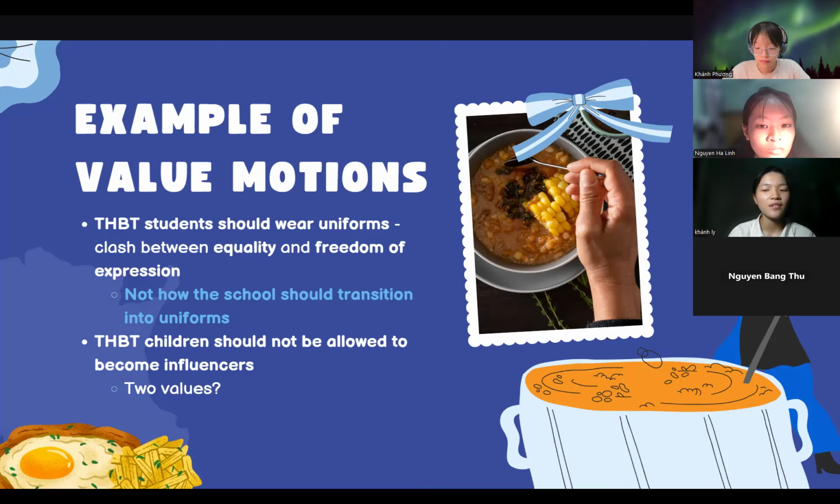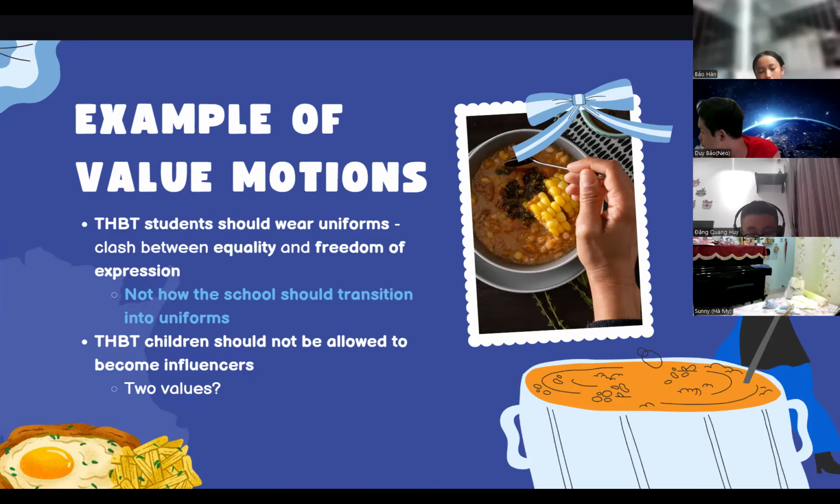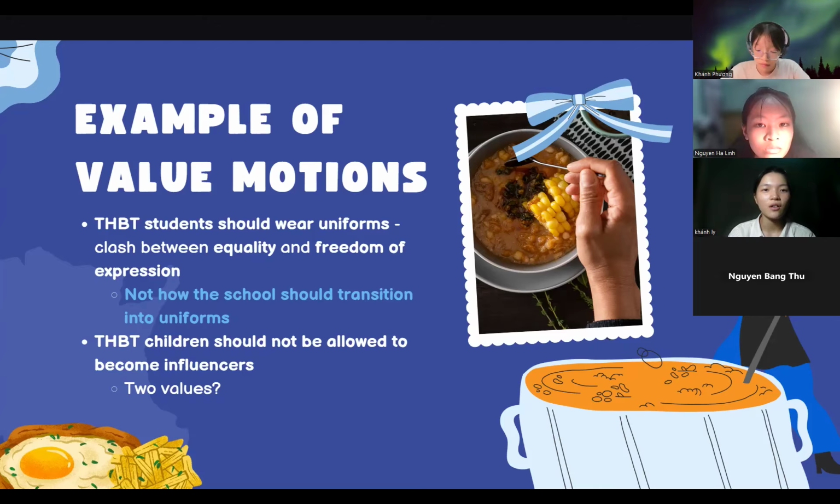I mean that the first one, when you are an influencer as a child, you have a standard of being an influencer. So I think that maybe sometimes they can't be themselves because they have to satisfy everybody in their network.